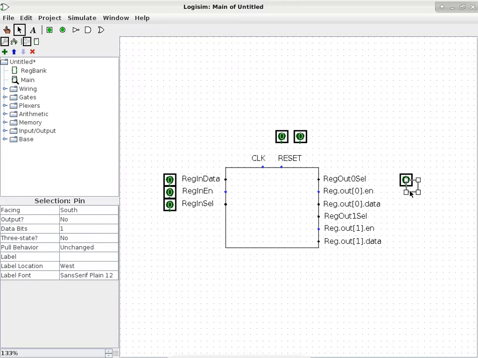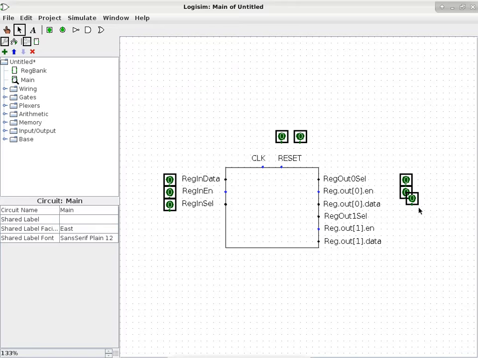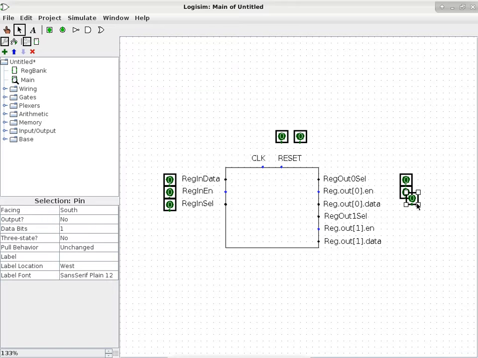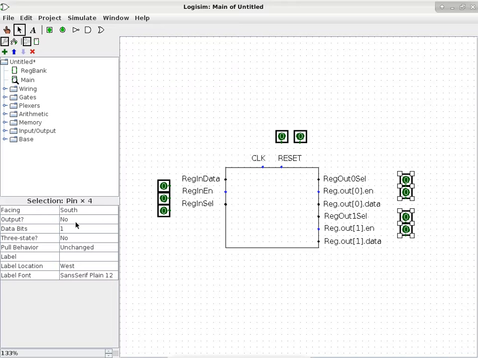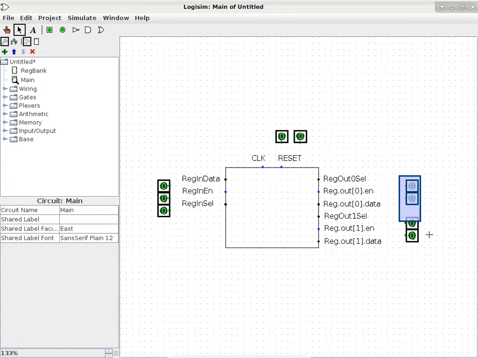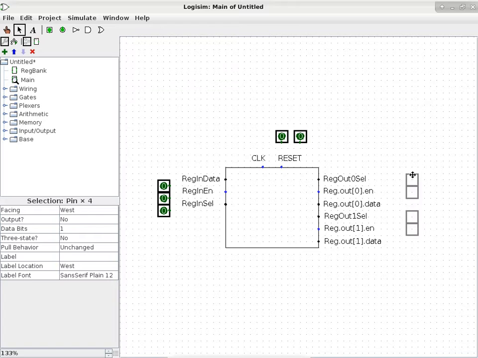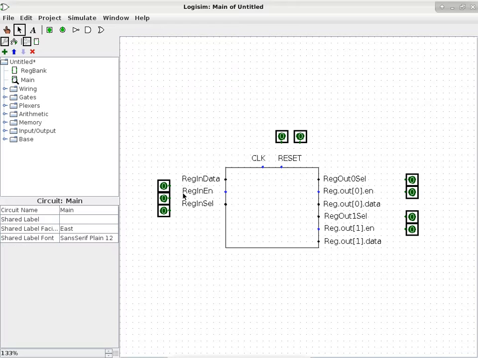Output selection, output enable, selection, enable. Should have fixed the directions all at the same time. So these I want to face east, these I want to face west. All right, we're getting there.